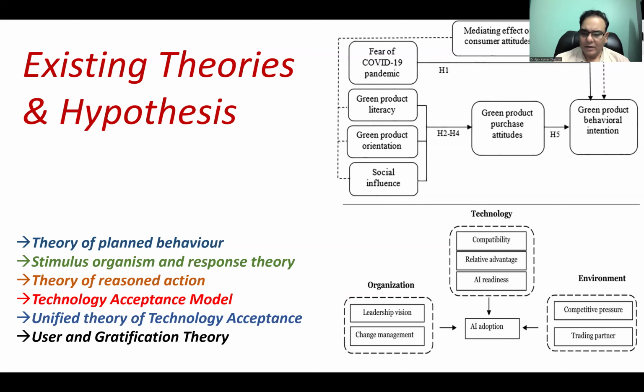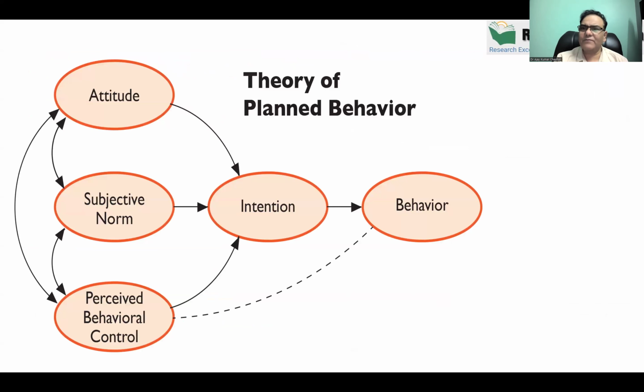Number two, when you go to the theory, you must have an understanding of the theory. For example, I will explain briefly all these theories. Theory of planned behavior explains all types of planned behavior. I'm giving you some examples of planned behavior. Shopping behavior is a planned behavior, right?